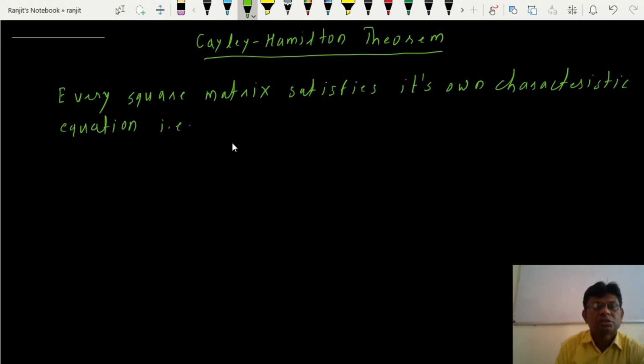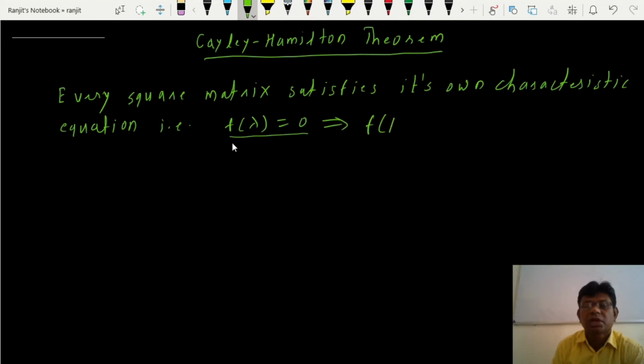That is, if f of lambda is equal to 0 is a characteristic equation for the matrix A, then by Cayley-Hamilton theorem, this characteristic equation is satisfied by matrix A. That means f of A is equal to 0. This is the Cayley-Hamilton theorem for the given matrix A.